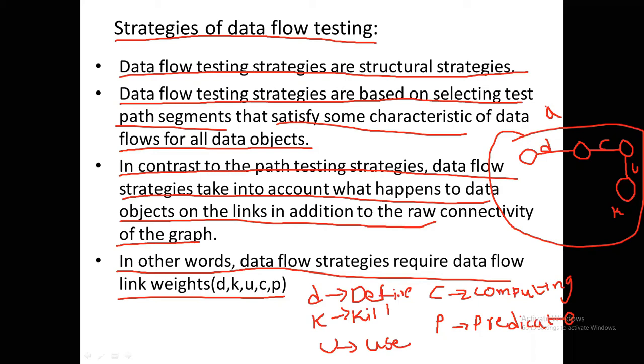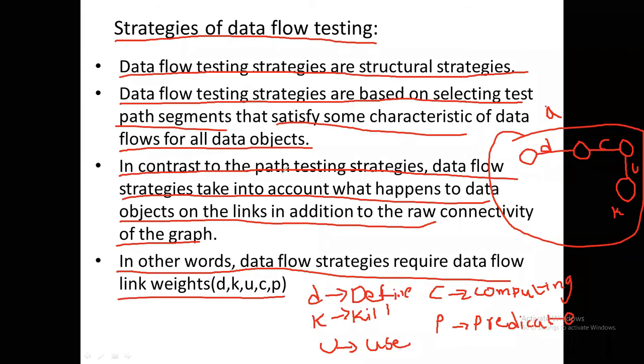Okay, so data flow testing strategies are based on selecting test path segments that satisfy some characteristic of data flows for all data objects.